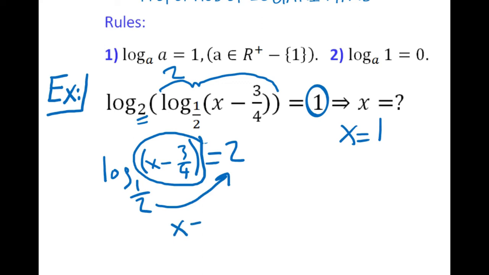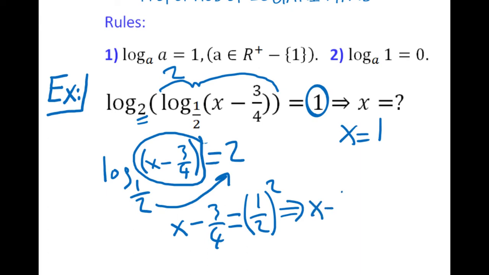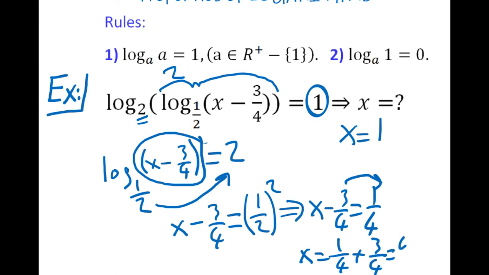So x minus 3 over 4 is 1 divided by 2 square. 1 divided by 2 square is 1 divided by 4. If this is the case, x minus 3 over 4 is 1 divided by 4. Just send this to the right. X is 1 divided by 4 plus 3 over 4, which is 4 over 4, and which is 1. As you can see, we got the same result, okay? In this way, we can solve the same question and we can get the same result.